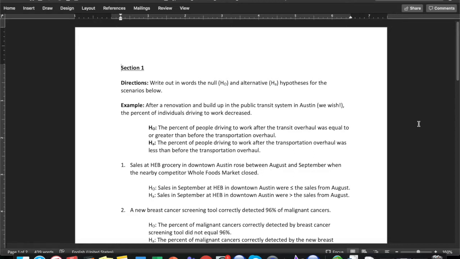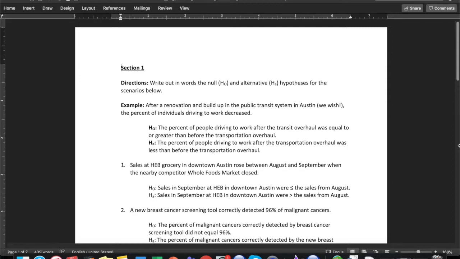So I put as my H0 or null hypothesis, and this is in the shared folder now: the percent of people driving to work after the transit overhaul was equal to or greater than before the transportation overhaul. And wording can be different, but that would be the gist.